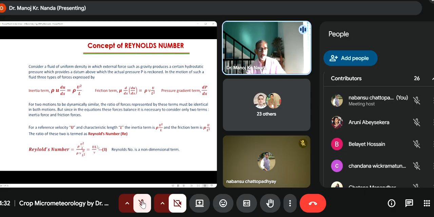U is your wind speed, L is your length from the edge of the surface, and nu is your coefficient of kinematic viscosity, which is a characteristic of the liquid. So Reynolds number is a non-dimensional term, and it defines the characteristics of the boundary layer.